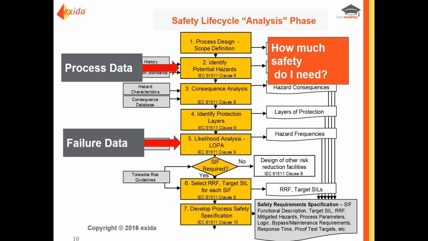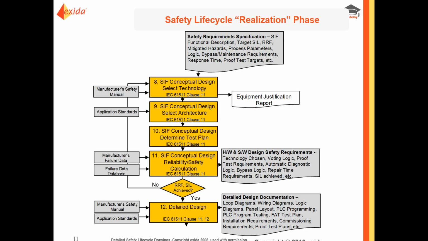We need failure data to tell us in layer of protection analysis what is the likelihood that our layer of protection may work or not. Of course, we need process data to indicate consequences of particular hazards.